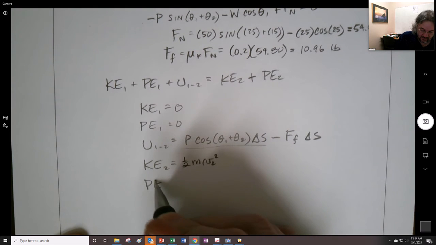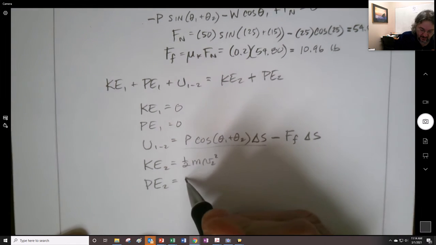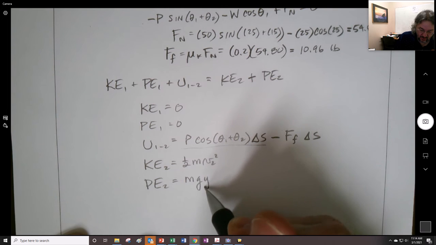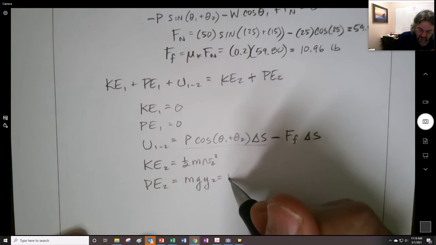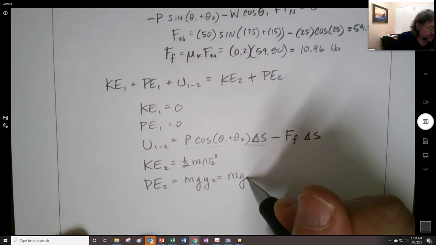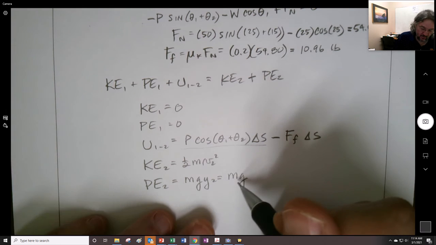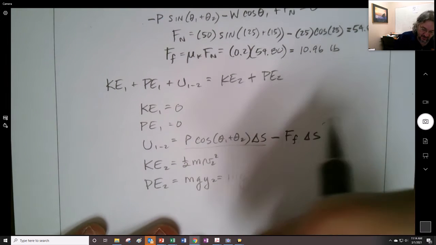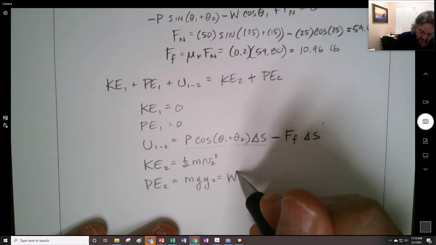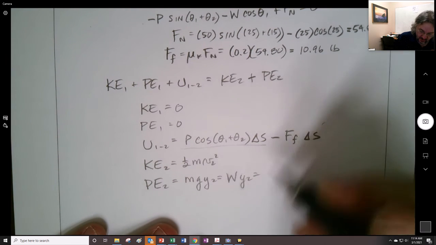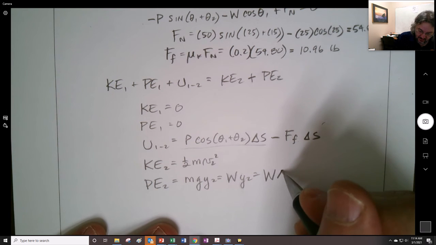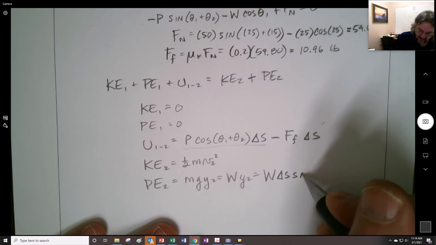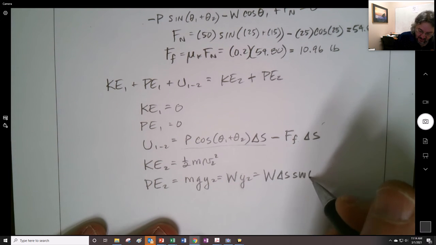And then the potential energy at state 2 is mgy2, and we just wrote up above that was mg times. And by the way, it might be easier for us to write it in this case because we were given the weight of the thing. It's just weight times y2, and so we're going to have weight times delta S sine of theta 1.